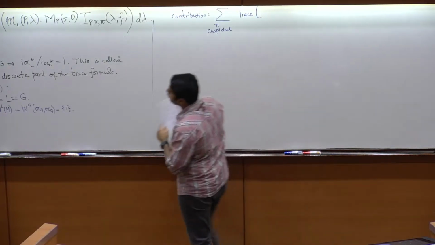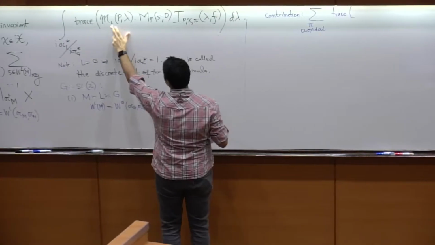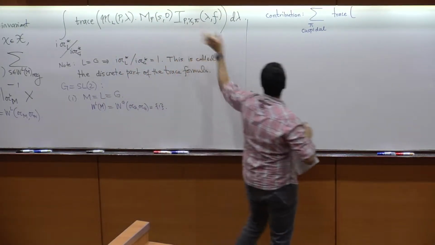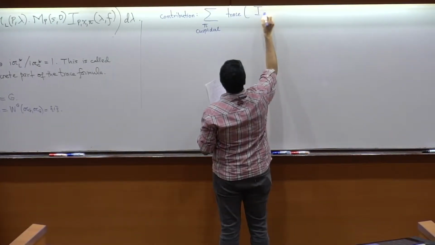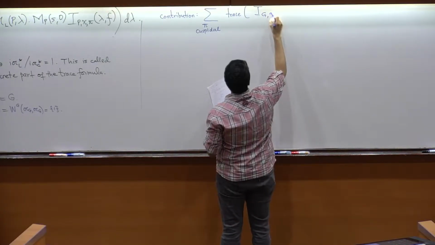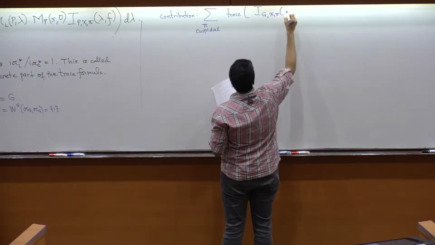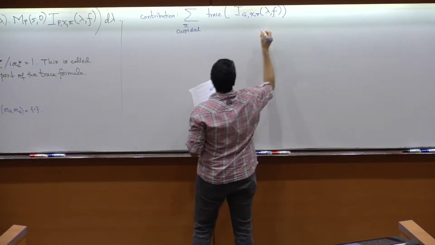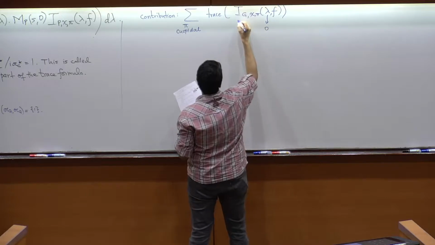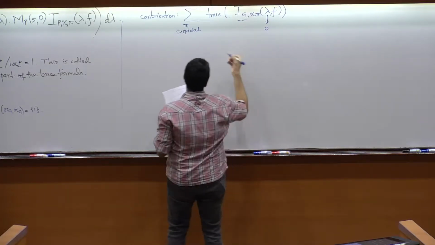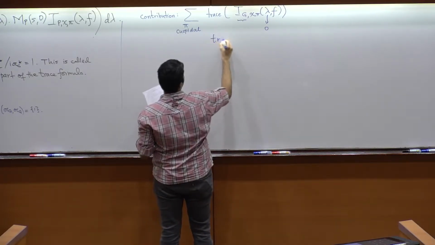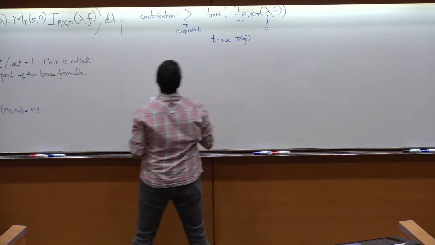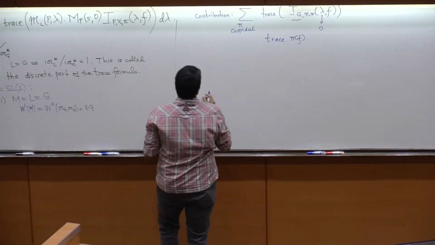Everything is G here, so L is G, so this is 1, this P is G, this is 1, so I'm left only with this, I G chi pi lambda f. Lambda is 0, and in I G there is no induction, so this is nothing but trace of pi of f, and multiplicity is 1 here.